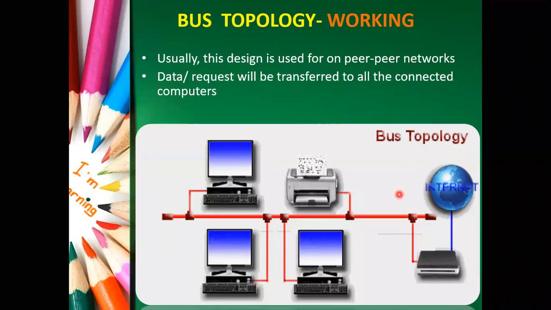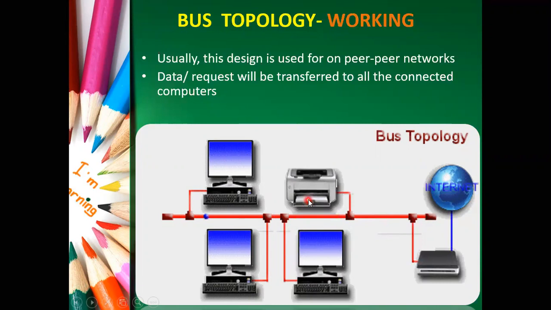This is a visual depiction of bus topology in which a signal is traveling along the bus, and one device has transmitted data and it is going through all the computers which are connected to each other through this bus.